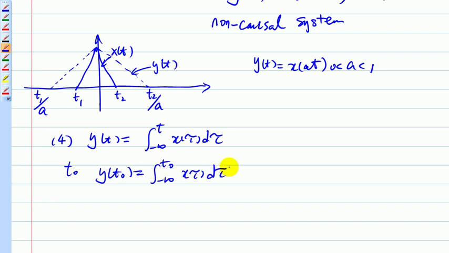Apparently, the current output depends on the current input and any past input. So any tau that is less than t naught will give you the past input. So this is a causal system.